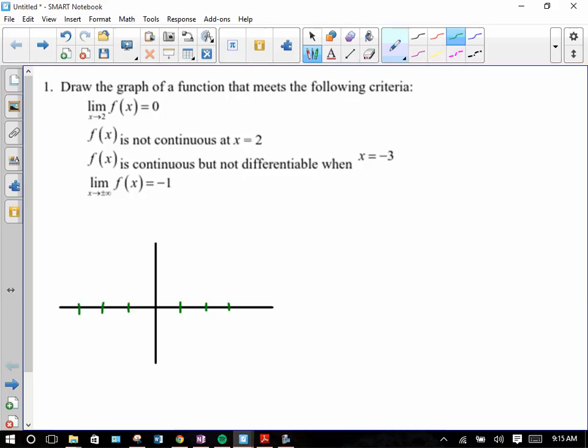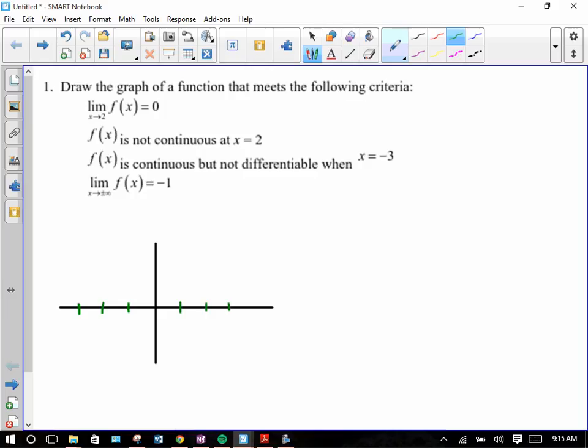What does it mean for the limit as x approaches 2 to be equal to 0? What is f of x the same as? It's the y value. So it's saying the limit as x approaches 2 of y is equal to 0.